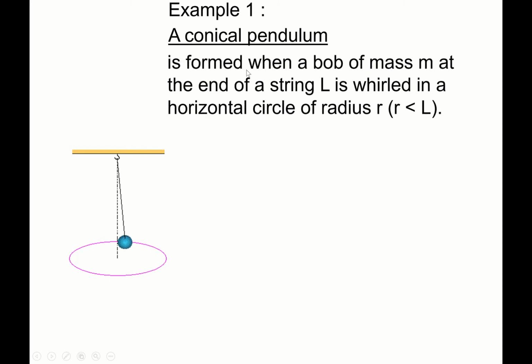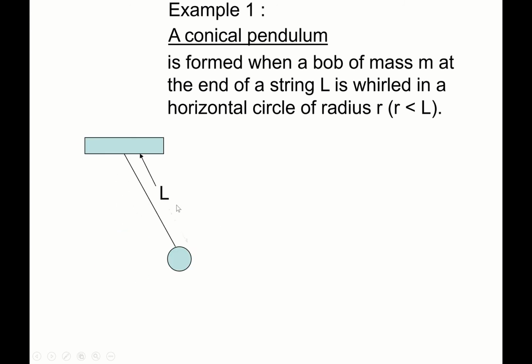It is formed when a bob of mass m at the end of a string of length L is whirled in a horizontal circle of radius r less than the length of the string. Let's say the length of the string is L and the angle to the vertical is theta. So it makes a horizontal circular motion here.